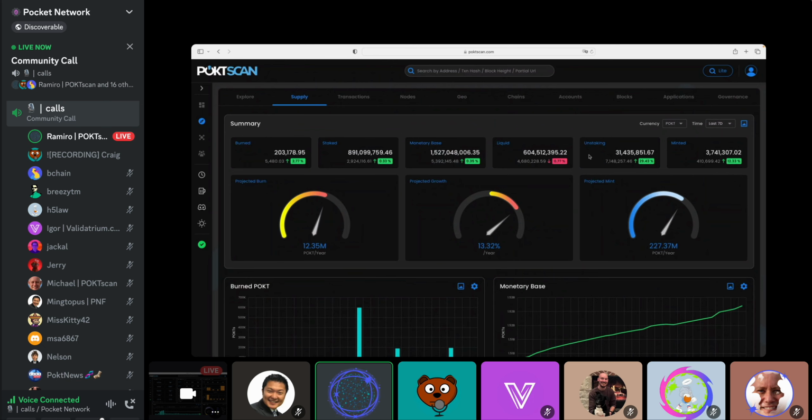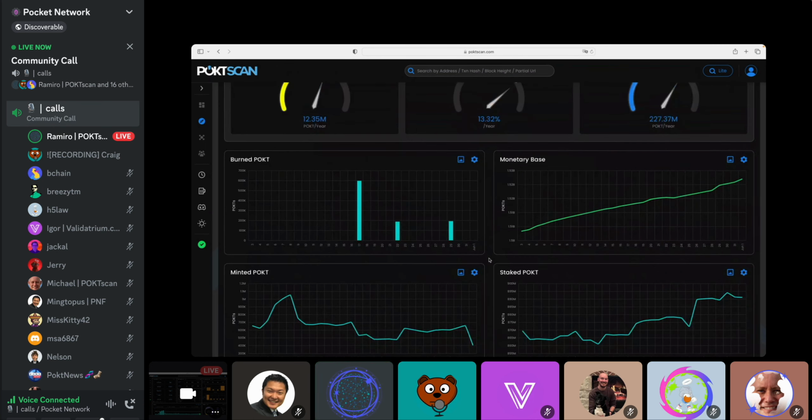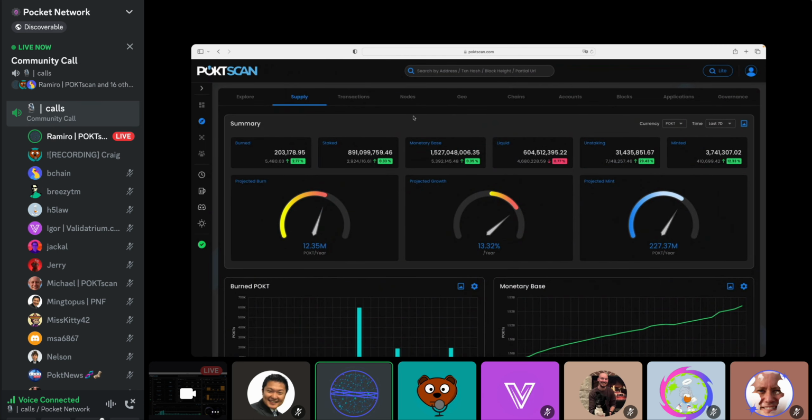This page is divided in two main parts. The first is the summary, and then we have a lot of graphs that we'll see later. But this first part, the summary, is controlled by two things. The first is the currency, which currently we cannot change, but in the future we will be able to choose USD.